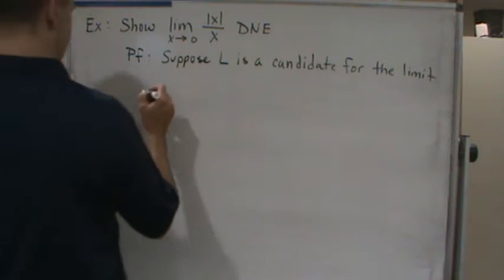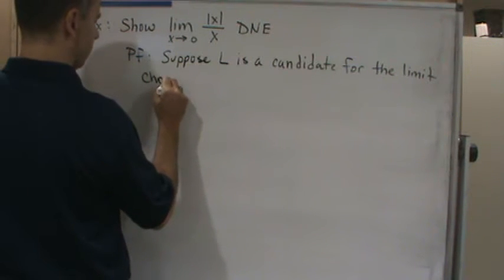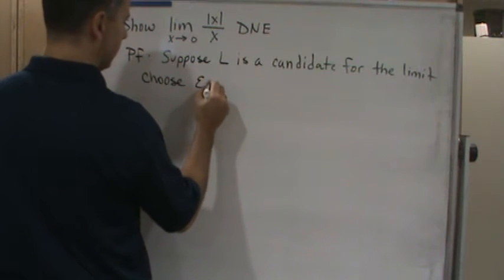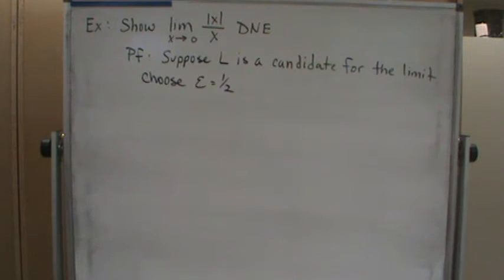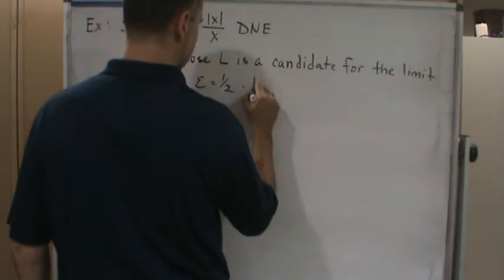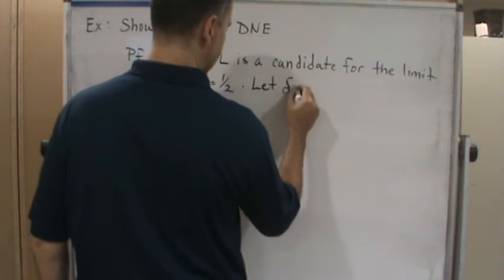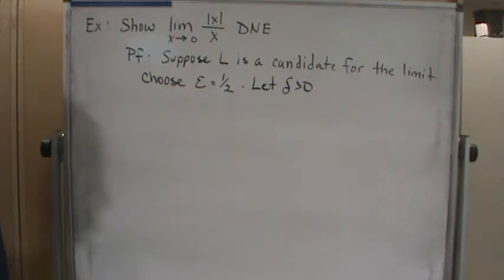Let's choose epsilon to equal 1/2. Okay, also let delta be positive.